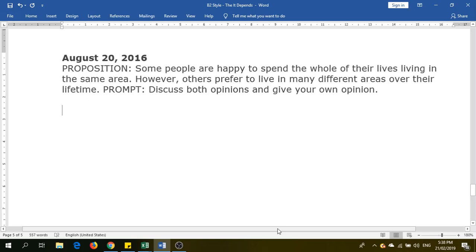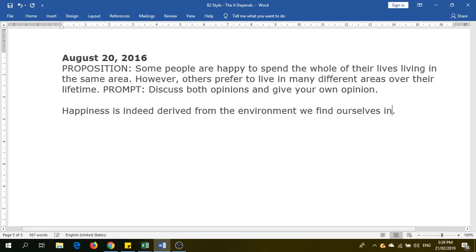And so I will begin the essay with the introduction. I will begin with a hook statement, which is a brief statement that talks about the central topic of the proposition. This central topic is all about happiness. So maybe I can say that happiness is indeed derived from the environment we find ourselves in. That's the hook statement, and next to that is the element which we call the paraphrase. The paraphrase is an element which merely rephrases everything that's stated in the question proposition.